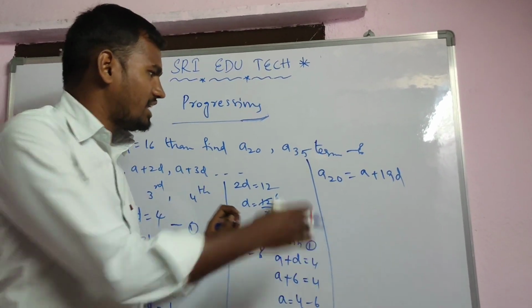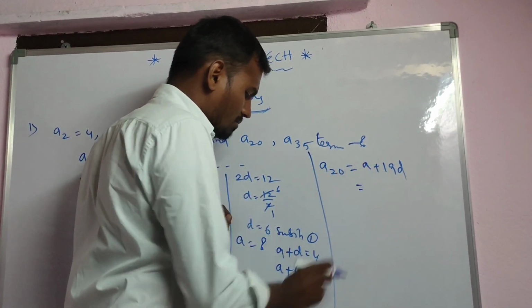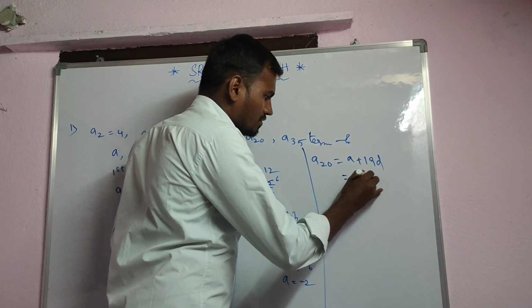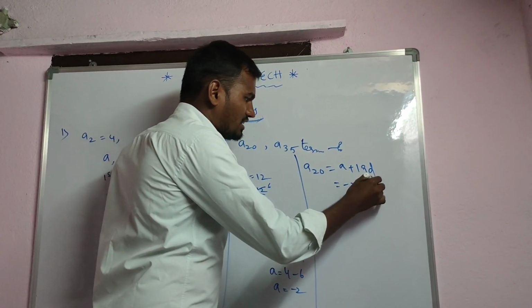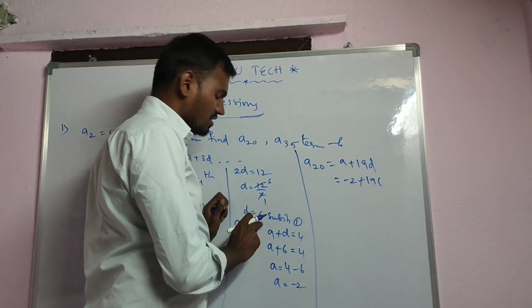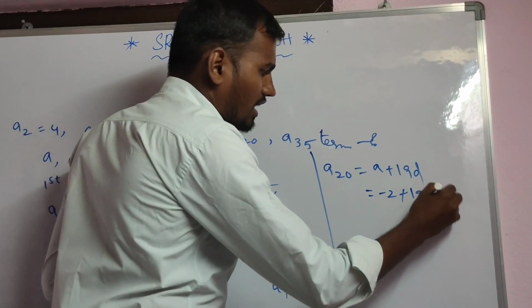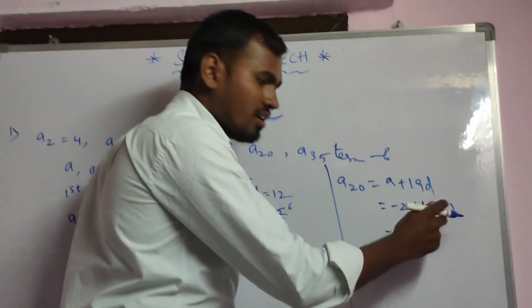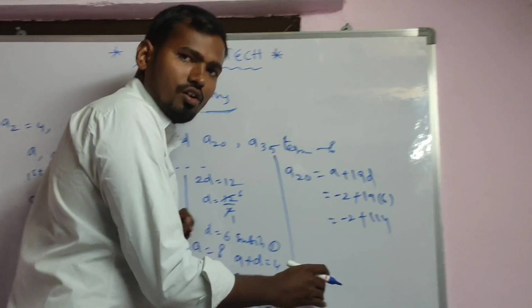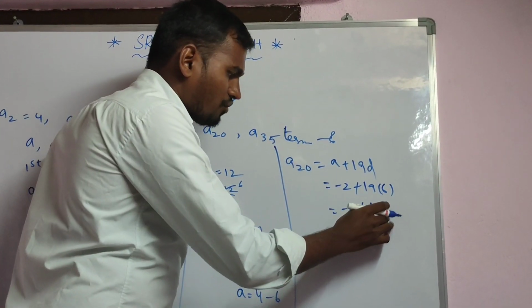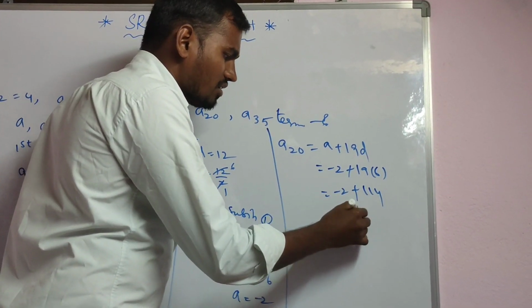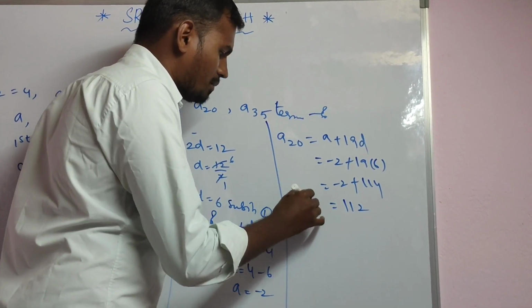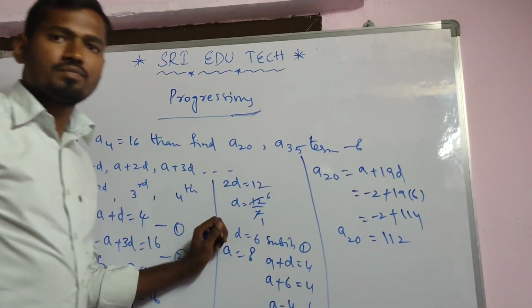Let's see, you know already A means what? Minus 2 plus 19 into D means 6. Okay? And then minus 2 plus 19 sixes are 114. Okay? Let's see, 114 minus 2 means 112. So this is the A20th term.